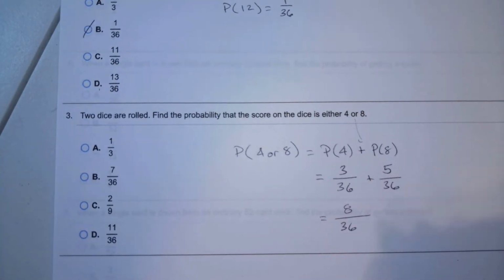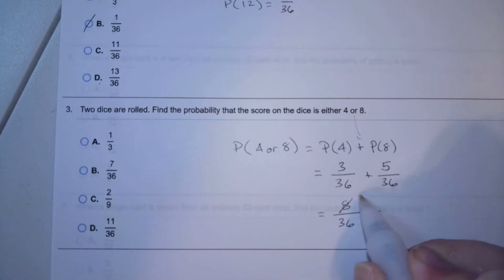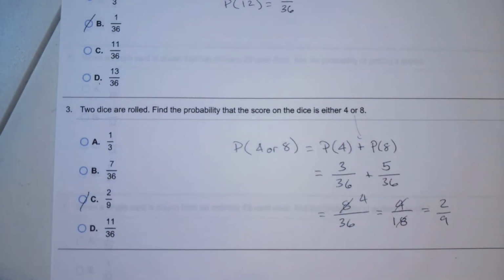And of course, we've got to simplify. 2 goes into 8 4 times. 2 goes into 36 18 times. They're both even, so again, 2 goes into 4 twice, and 2 goes into 18 9 times. So the answer is 2 over 9.